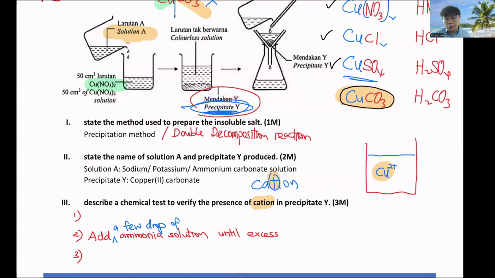At the beginning, add a few drops of ammonia solution. Then after that, this test you need to memorize. There's a very high chance it comes out, meaning quite frequently the school will ask how to test for copper 2 plus. It's one of the popular school exam questions.